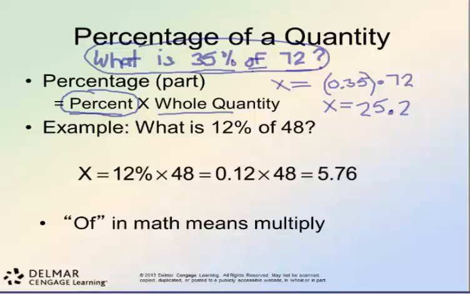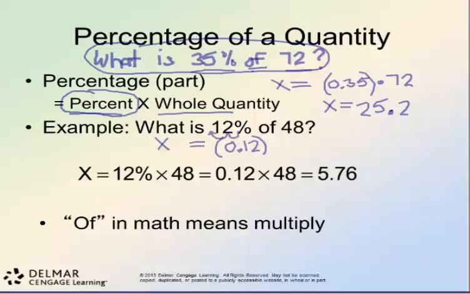So here's another example. It says, what is 12% of 48? So what means we don't know it, so let it be x. Is means equals. 12% is going to be a decimal, 0.12, because we get rid of the percent sign and divide by 100, which means the decimal point will go 2 places to the left.